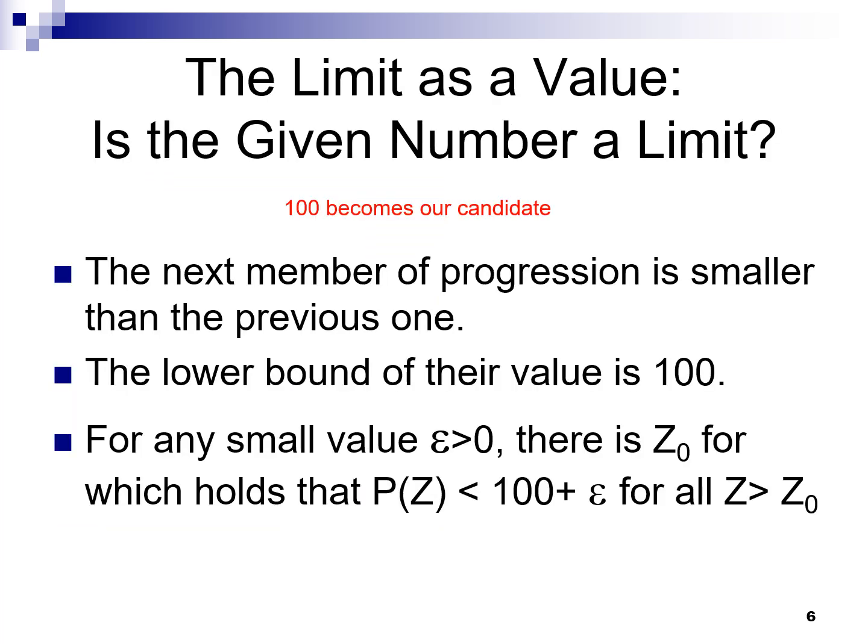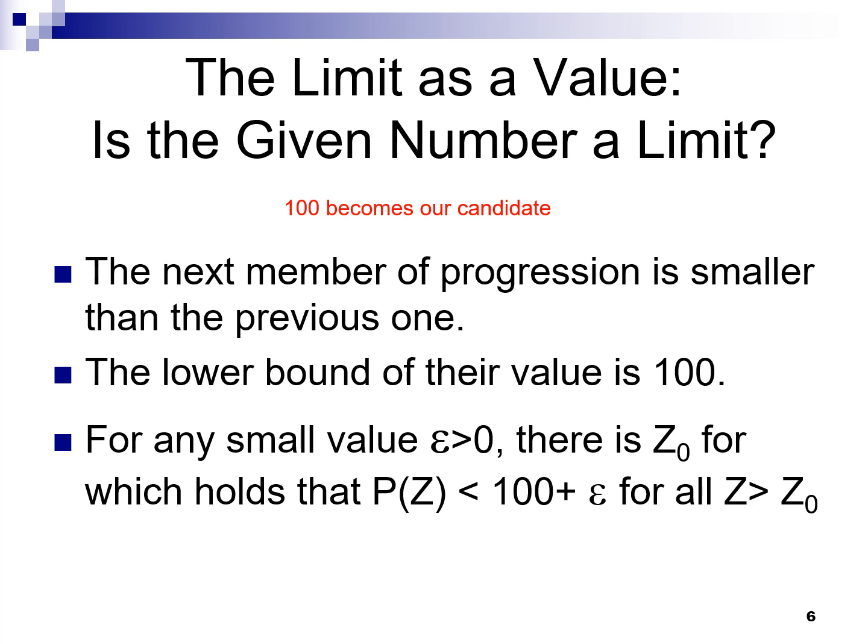So the question is, can we claim that 100 is our candidate? As a candidate it works, but can we say this is a limit? 100 is our limit. Okay, what could we do? What should we do to confirm that this is true?